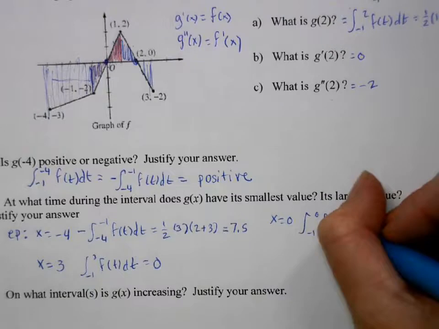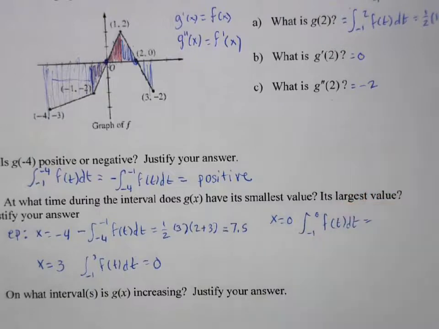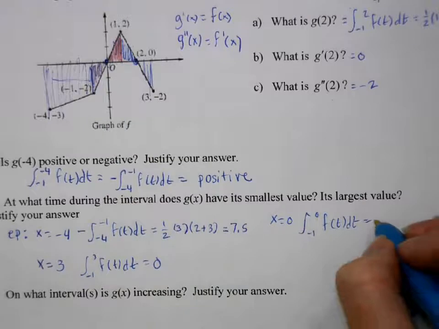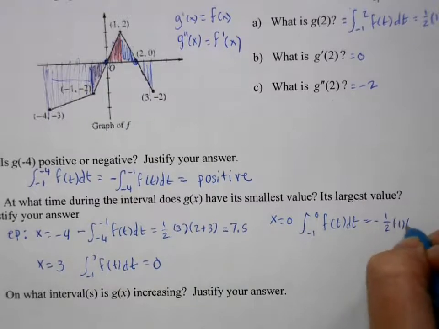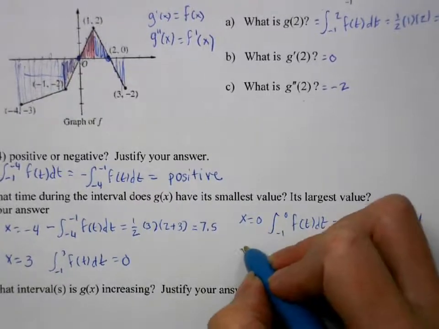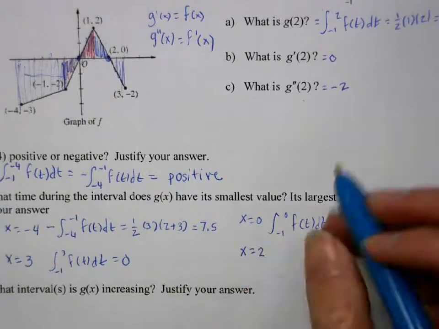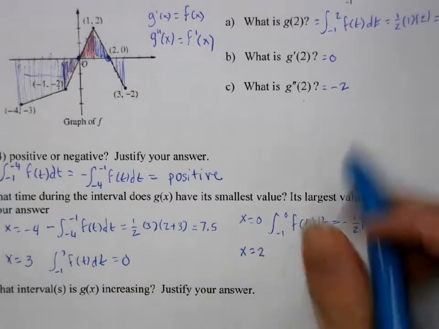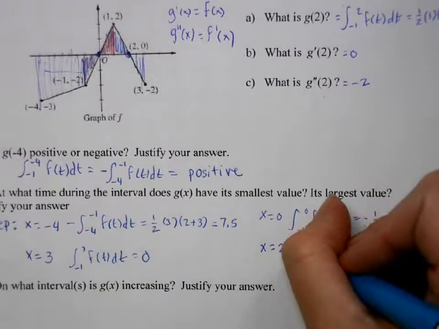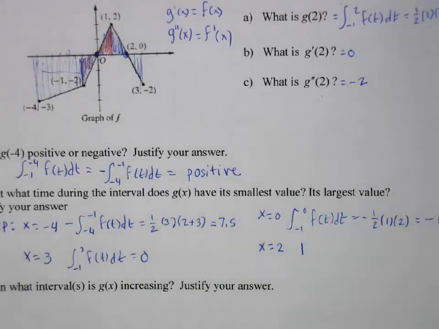Okay, so the integral from -1 to 0 is going to be a negative 1/2 times 1 times 2, which is -1. And then when x is equal to 2, we already did that one up here. That gave me 1. So I have 0, 7.5, 1, and negative 1.